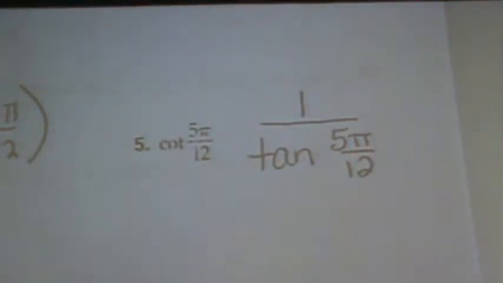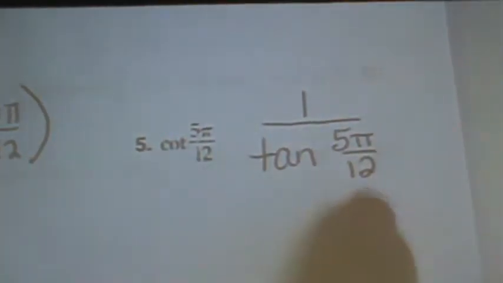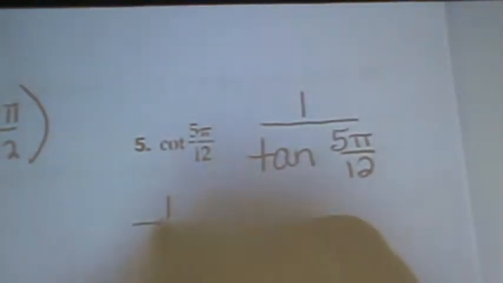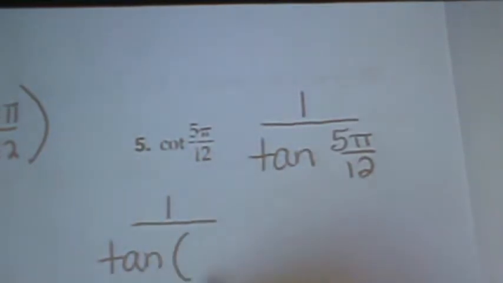Okay, so for this one, you're actually doing this whole identity in the denominator, and then at the end you're going to want to flip it. So keep in mind, it's 1 over the tangent. Now what we have to do is think about what two of those numbers is going to give us a sum of 5 pi over 12.